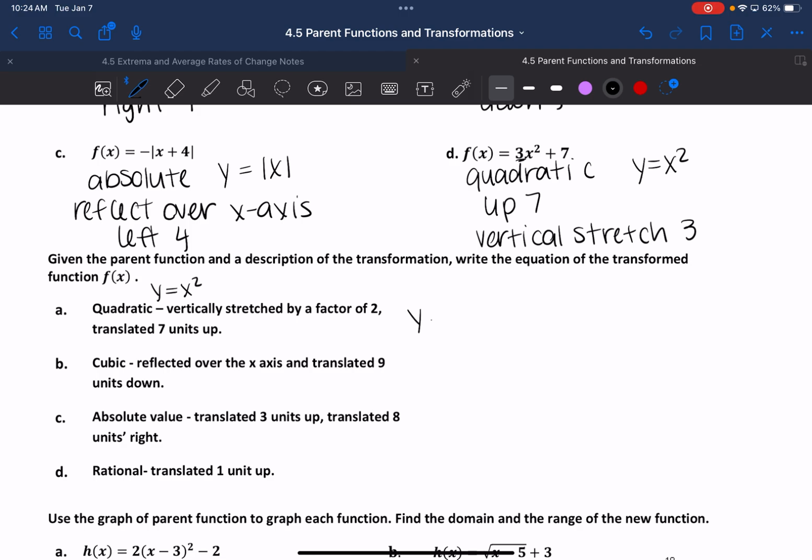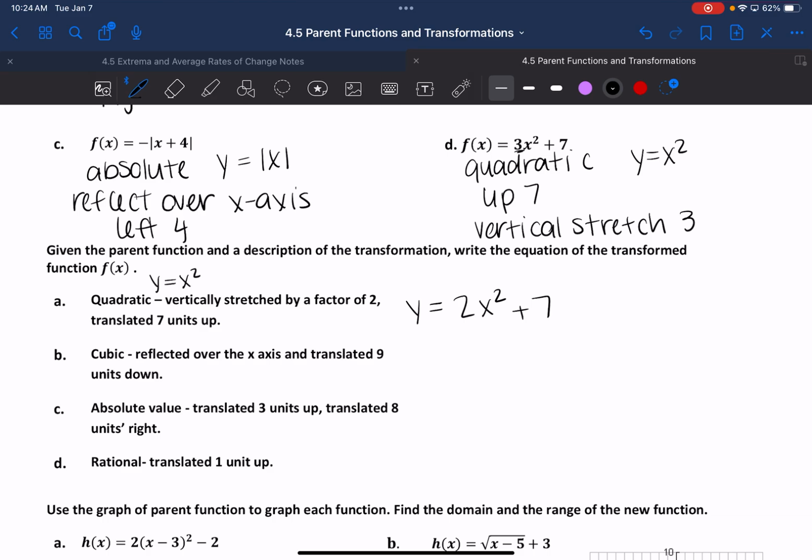So I would write that as y equals, what would I put first? 2. And then what would I put? x squared plus 7. And no need for any parentheses because we didn't shift anything left or right. All right, I want you to do B, C, and D, and then we're going to share our answers out.